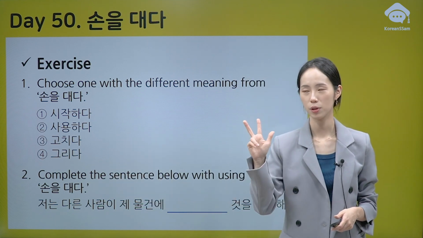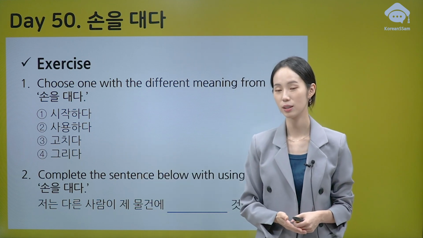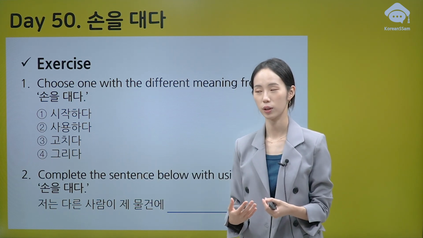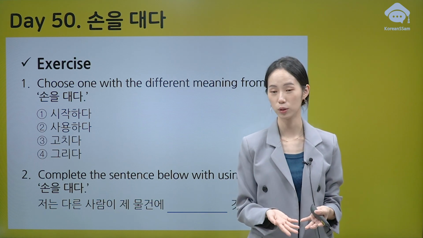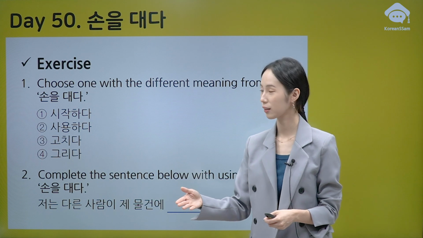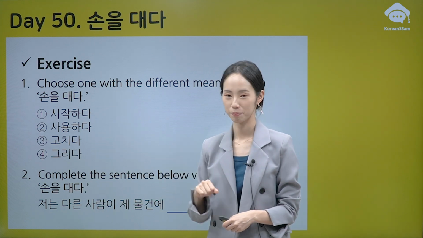맞아요. Number 3. 고치다. 고치다 is to revise or fix. You can fix your computer or you can fix your couch, your desk, or you can revise your writing. It's all 고치다. 손을 대다. 맞아요.